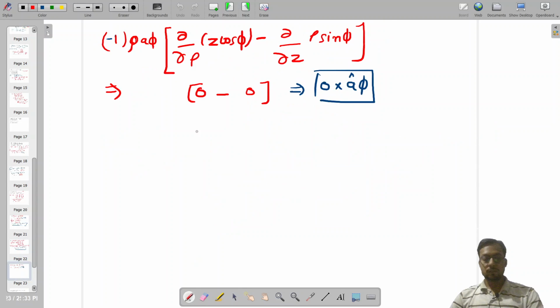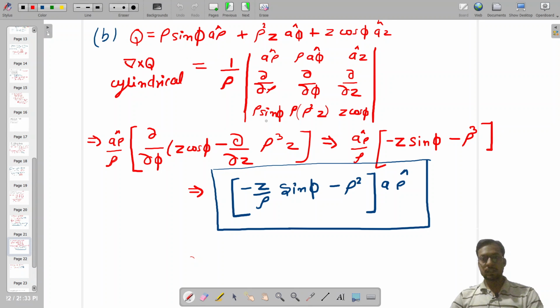Now the third one, expanding it with respect to az.